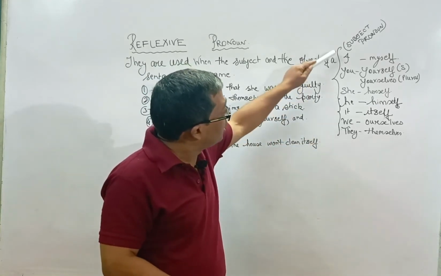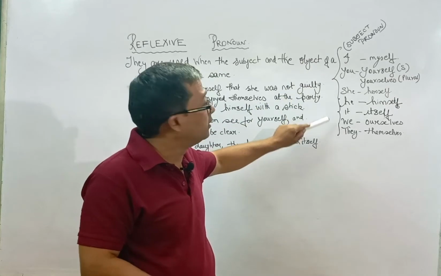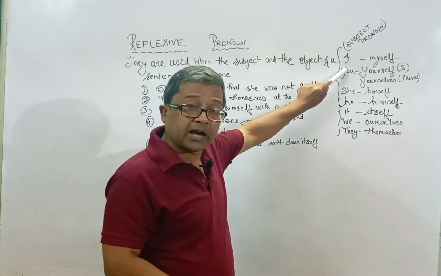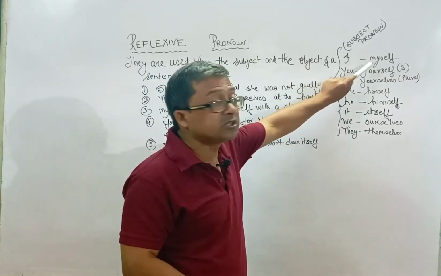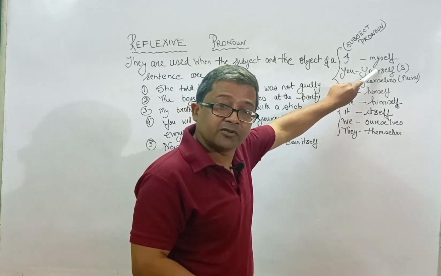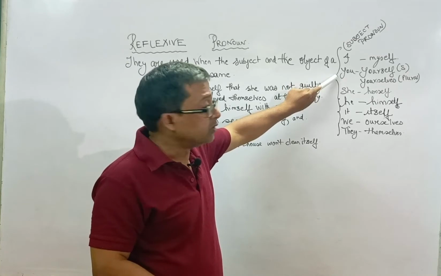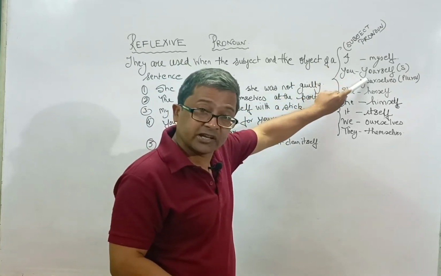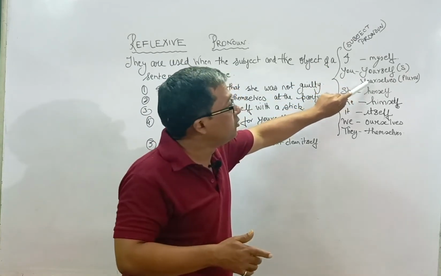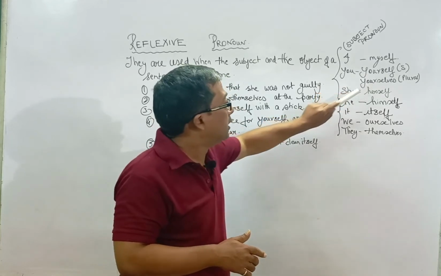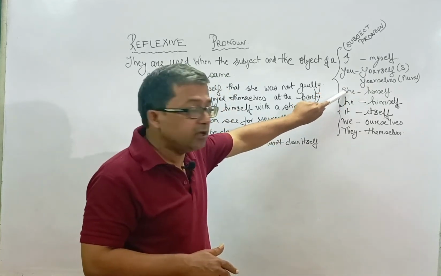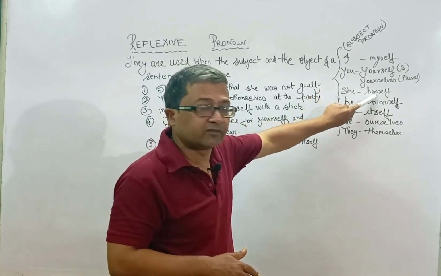I have given you a list of subject pronoun here. If the subject pronoun is I, the reflexive pronoun is myself. Understood? If the subject pronoun is you, its reflexive pronoun is yourself in singular and yourselves in plural. Subject pronoun she, the reflexive pronoun is herself.